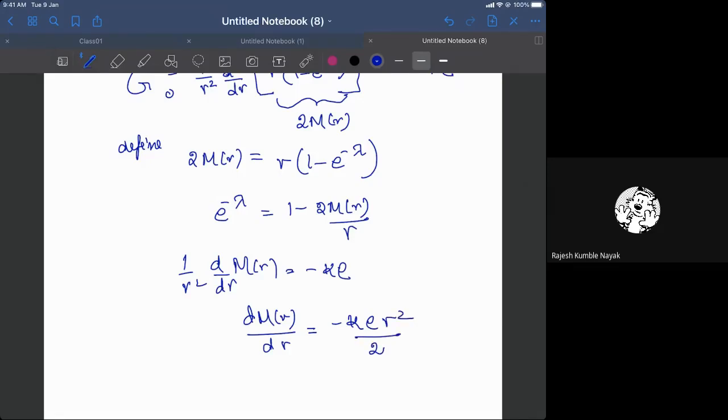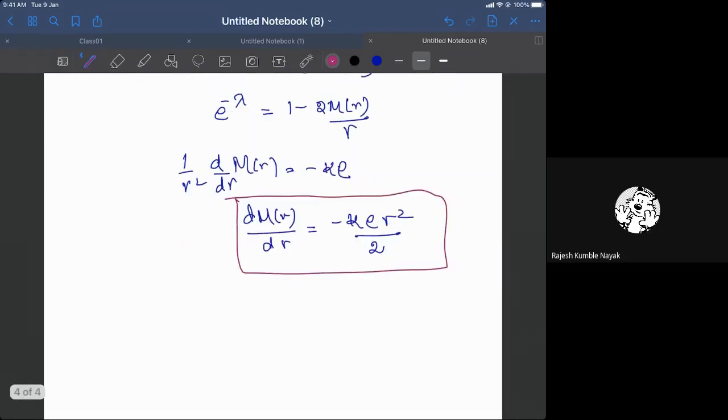So this is the first of the Einstein's equations for how the mass changes inside the star as you propagate, and eventually when rho becomes 0 on the surface of the star, m reaches some maximum value. So that is one of the Einstein's equations.